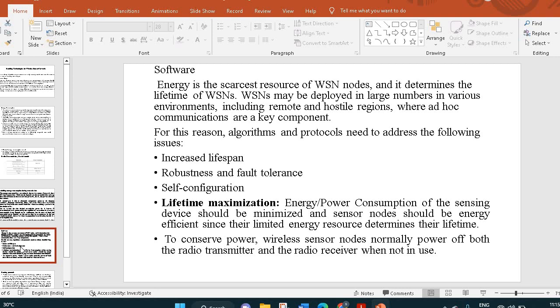Energy consumption of the sensing device should be minimized and sensor nodes should be energy efficient since their limited energy resource determines their lifetime. To conserve power, wireless sensor nodes normally power off both the radio transmitter and the receiver when not in use.